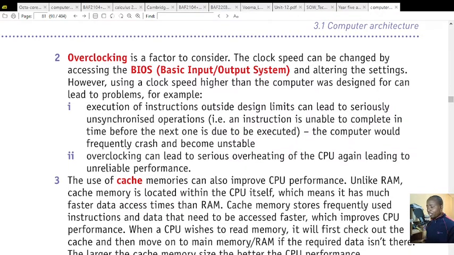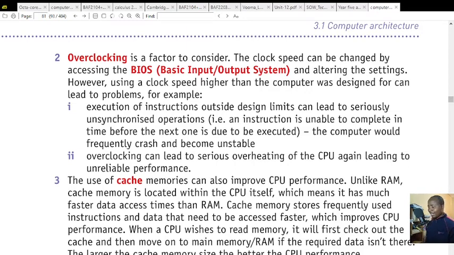So when you have a computer that has more than one core, it means that this computer can work optimally in executing tasks. A CPU that has many cores can perform much better than a computer that only has one core.